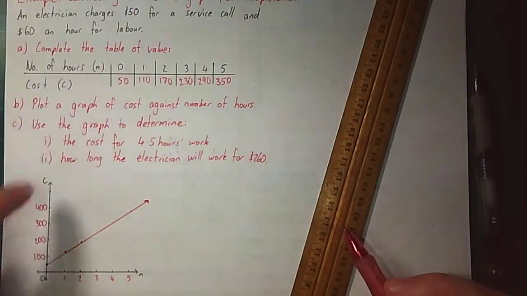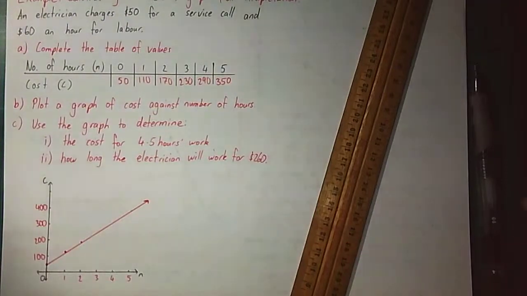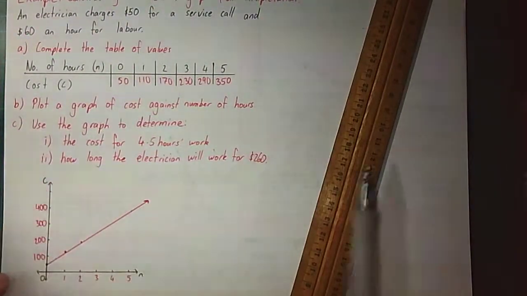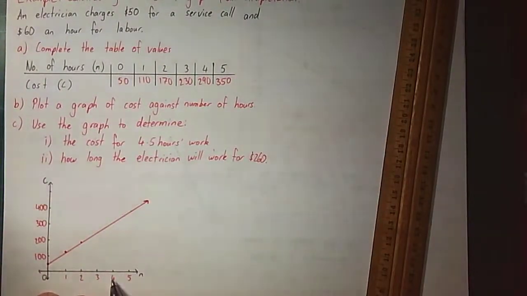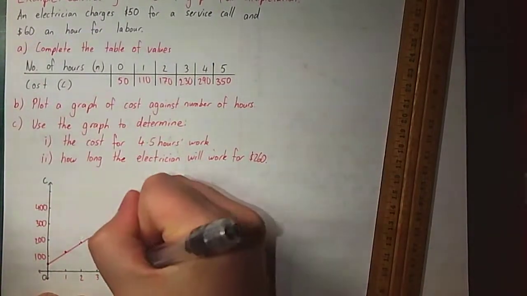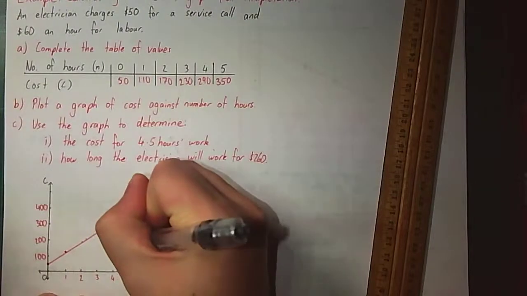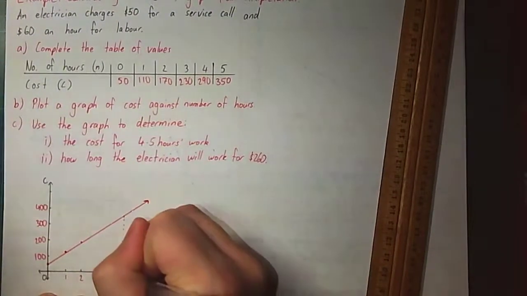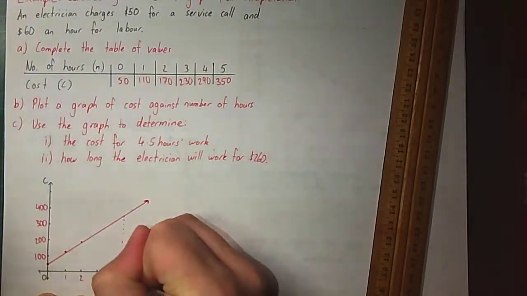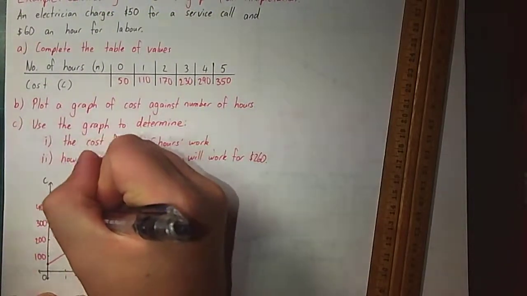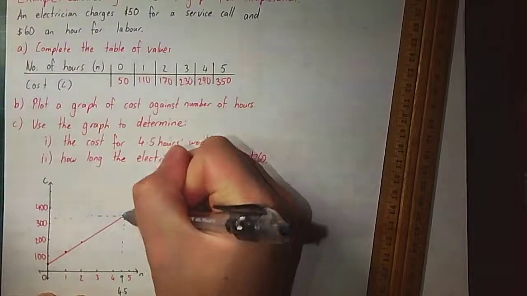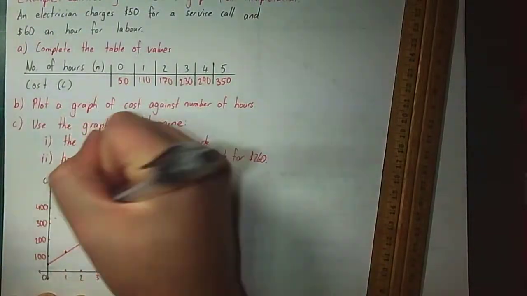Next, we're going to use the graph to determine 2 things. We're going to determine the cost for 4.5 hours of work. So we know that the 4.5 hours is between 4 and 5. So I'm going to do a dotted line up from 4.5. So there, that's 4.5. And we're going to go across. Okay.